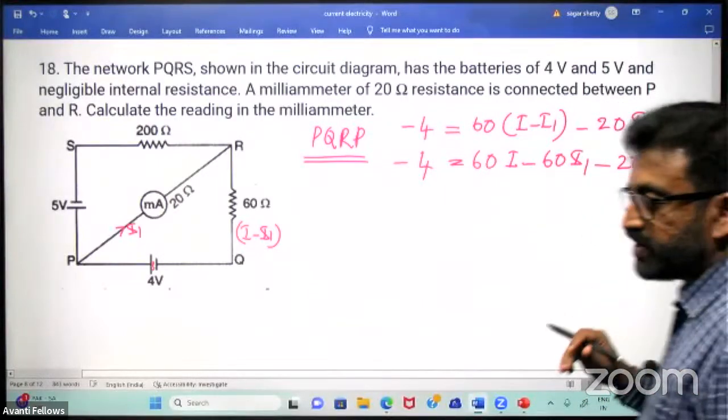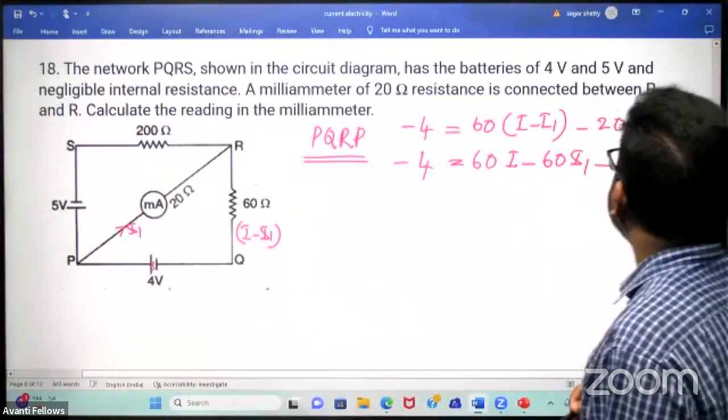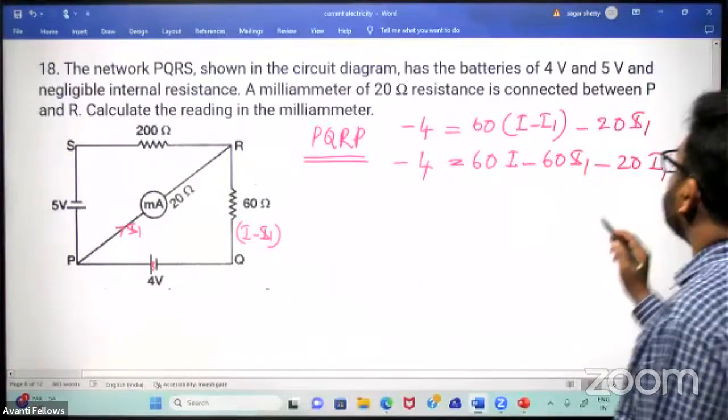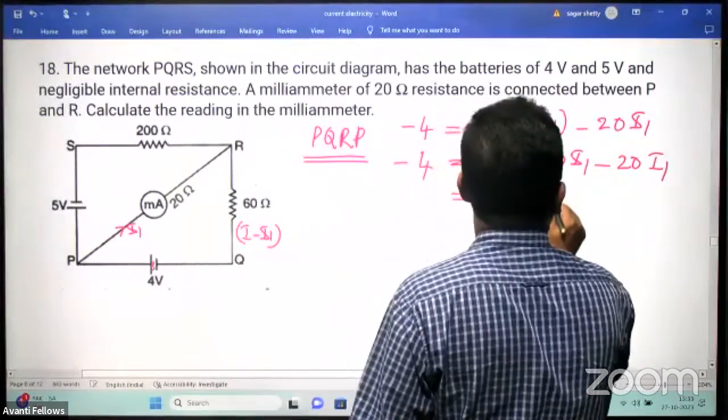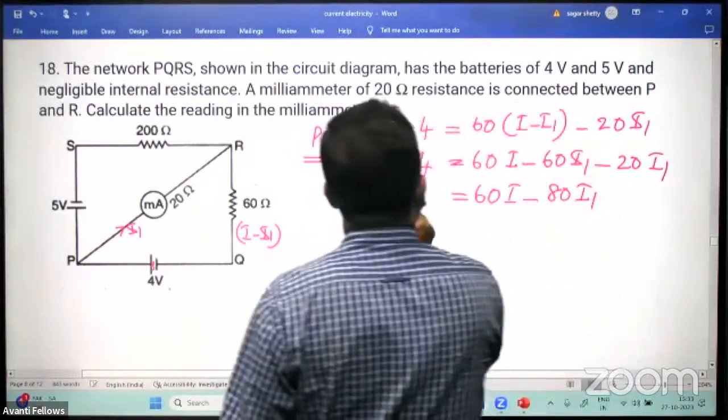So 60 I1 and 20 I1 give 80 I1, so 60I minus 80 I1 equals -4.